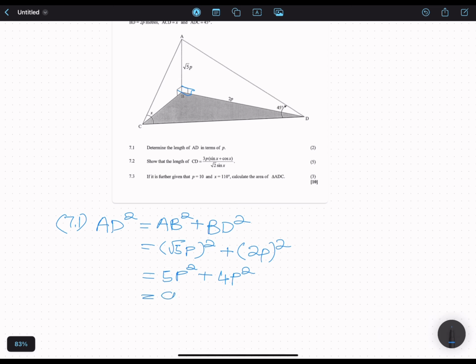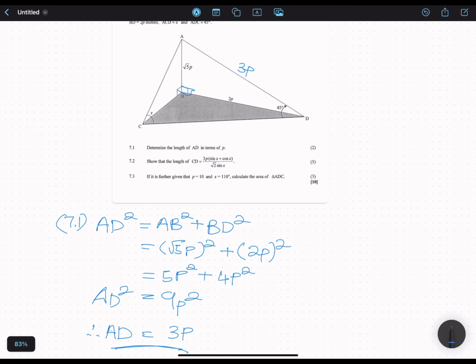You have 9p squared. AD squared is 9p squared, therefore AD is equal to the square root of this, which is going to be 3p. I hope you got the same answer when you were simplifying it. So that's what I got. That means our AD in terms of P is 3p.